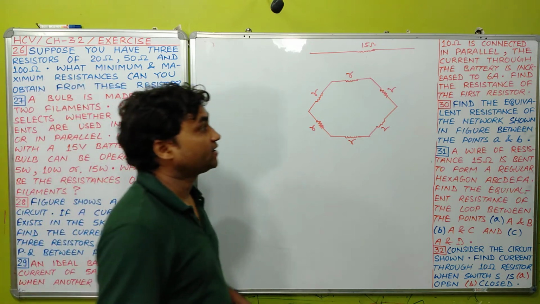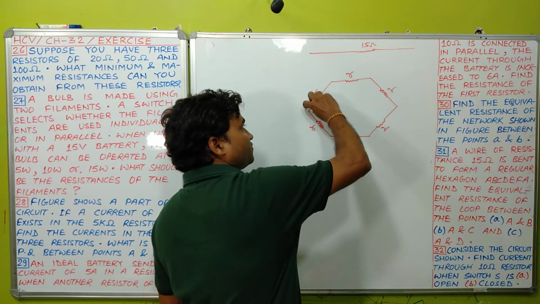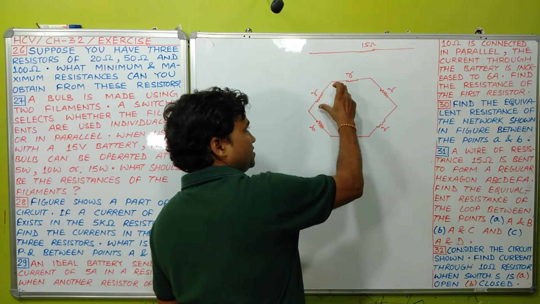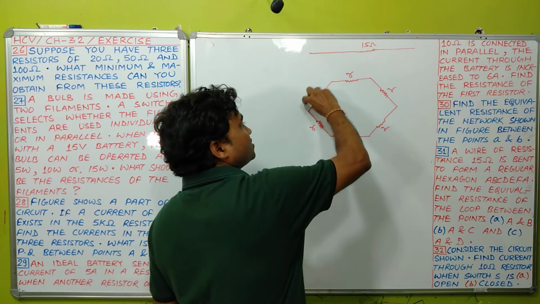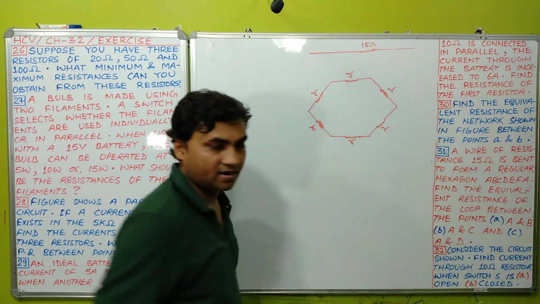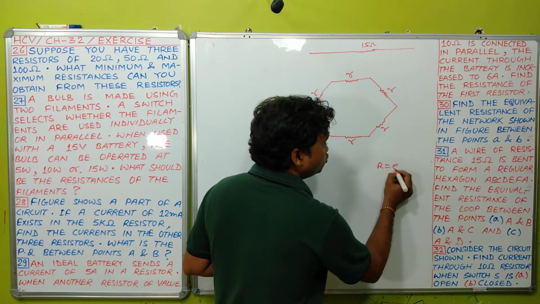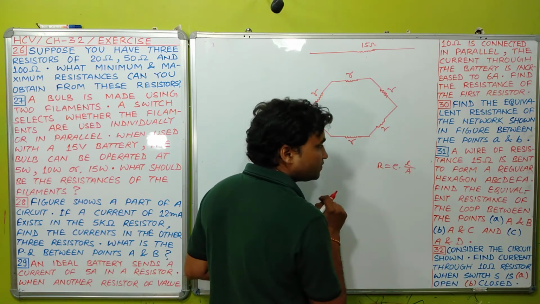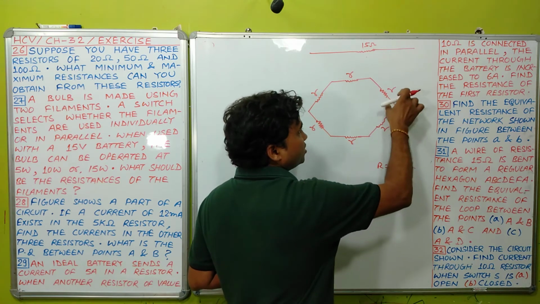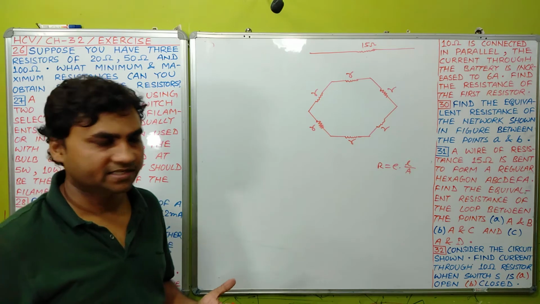Since we are making this hexagon with the same wire, the area of cross section for any single section is the same. R equals rho L by A. Area of cross section is the same, length is the same, and rho is the same because of the same material.